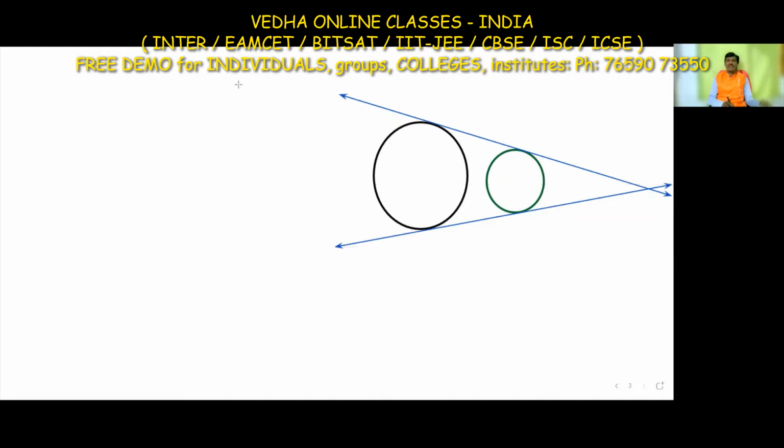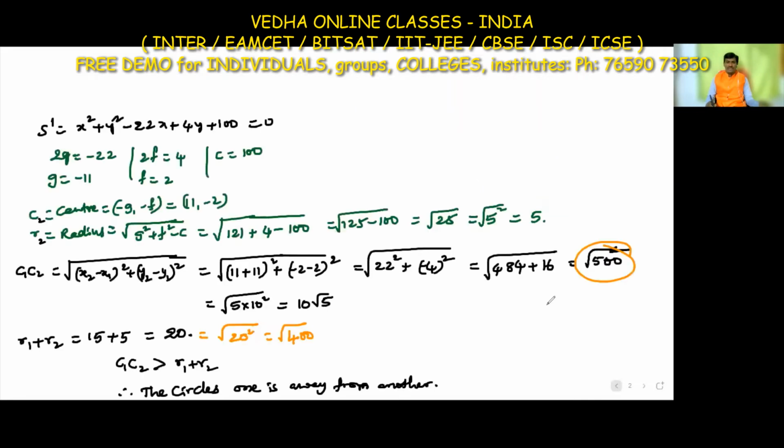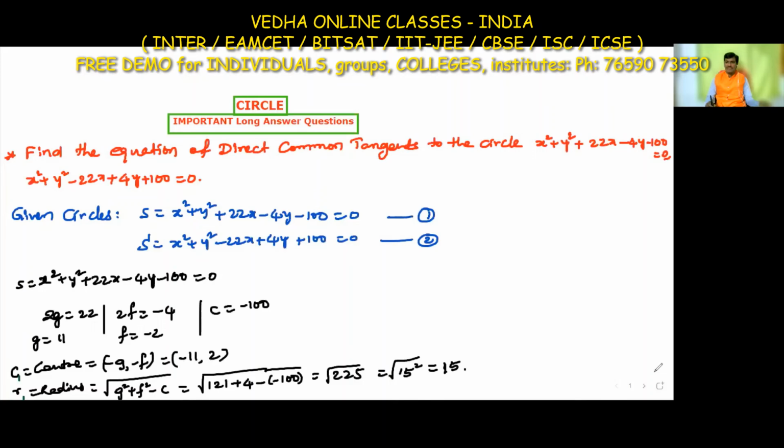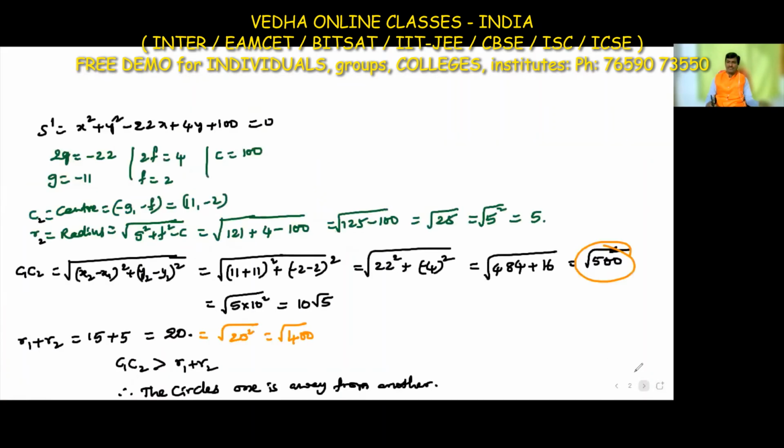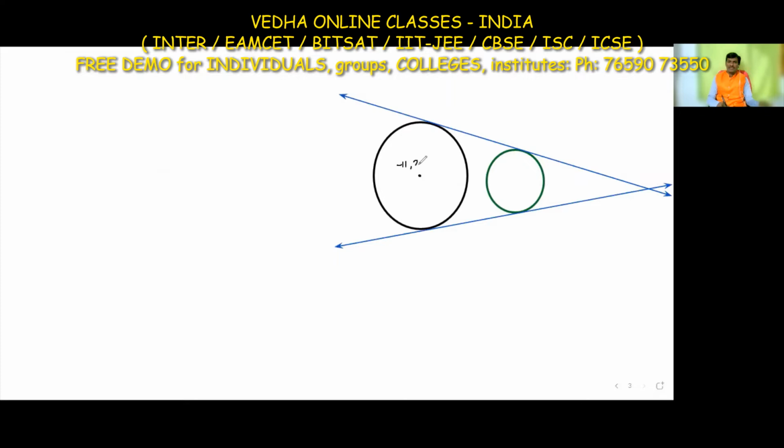Here we know the center and radius. The first circle center is minus 11 comma 2 and the radius R1 is 15. And the second circle center P2 is plus 11 comma minus 2, and the radius R2 is equal to 5.